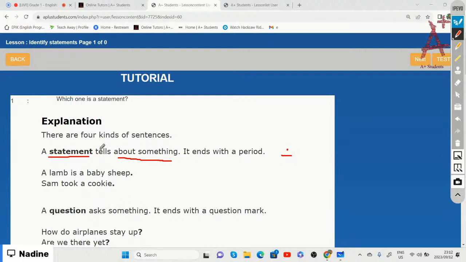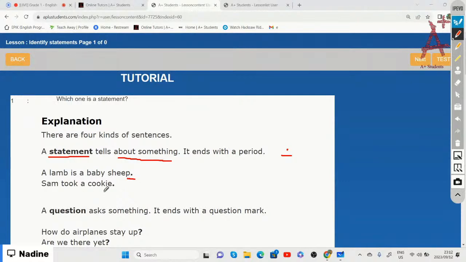And if we look at the examples of a statement, one example is: a lamb is a baby sheep. You're just telling us about something, that a lamb is a baby sheep, and it ends with a period, as you can see.